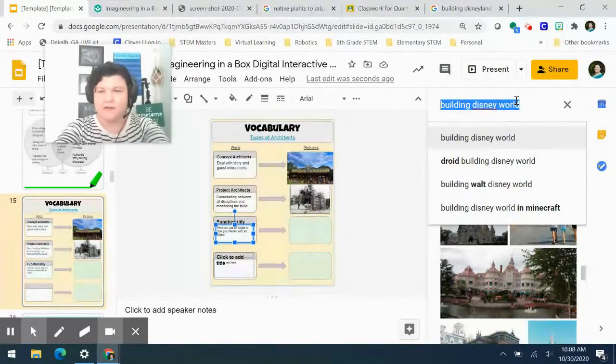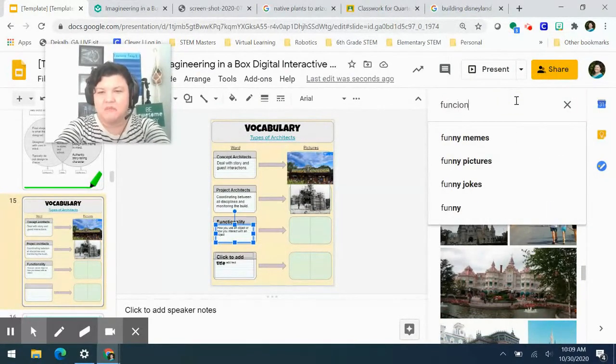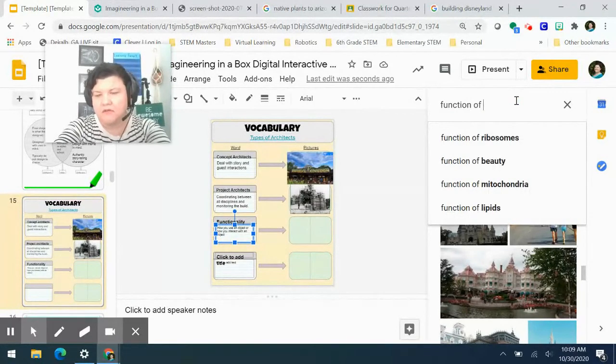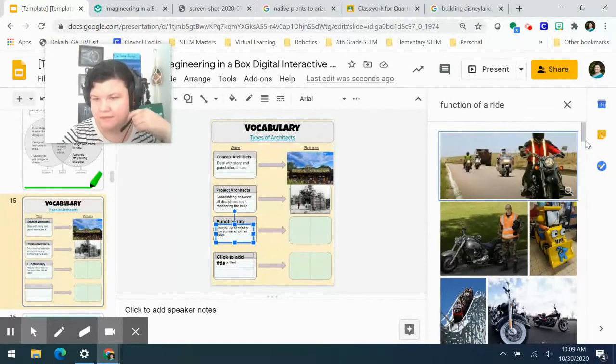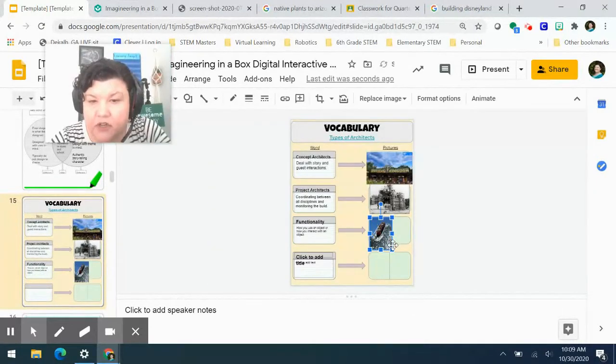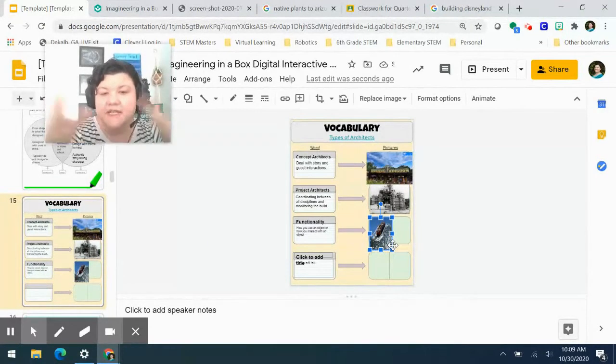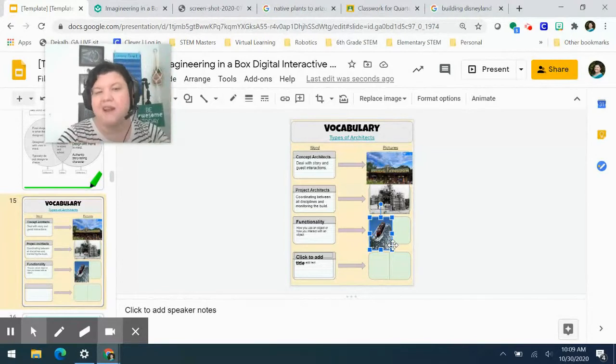Function of a ride. So the function is how you use an object or how you interact with it. My picture of riding on a roller coaster works with that, but I probably could find something a little bit better that shows how people use an object.